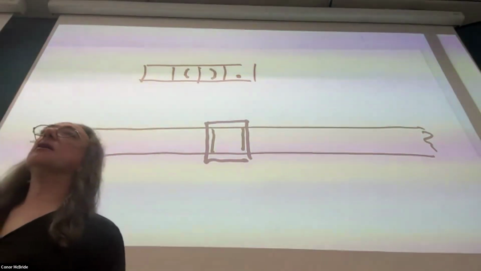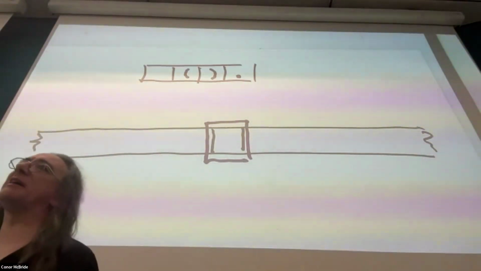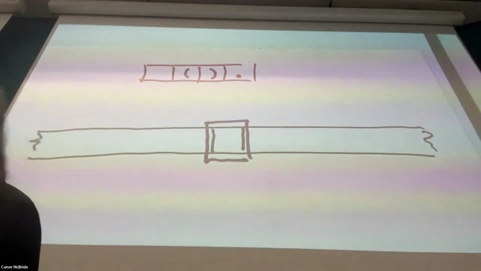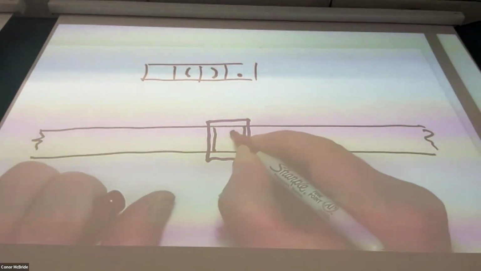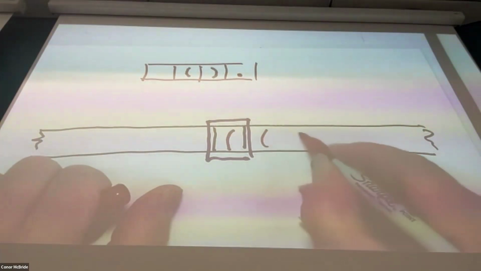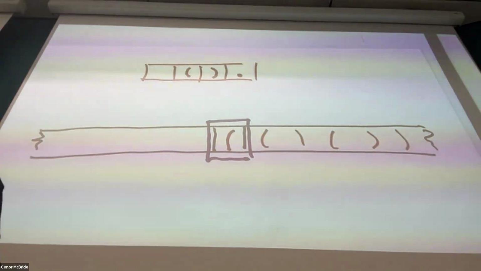There is a potential infinite supply of memory, but you've only used a finite amount so far. So if we are in this situation, we might have an open, close, open, close, close.